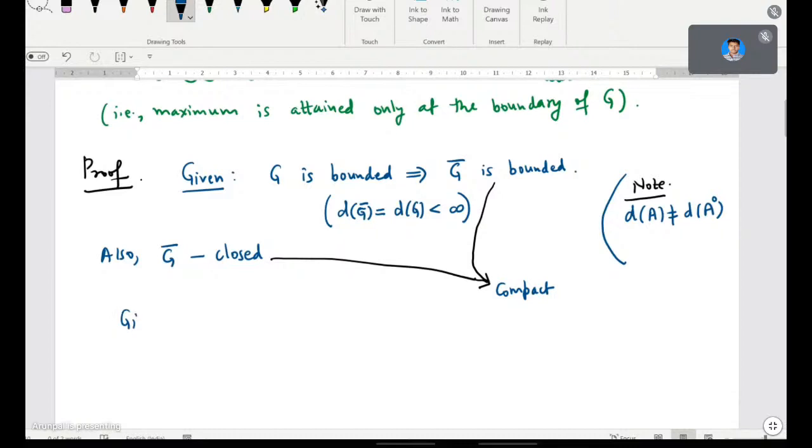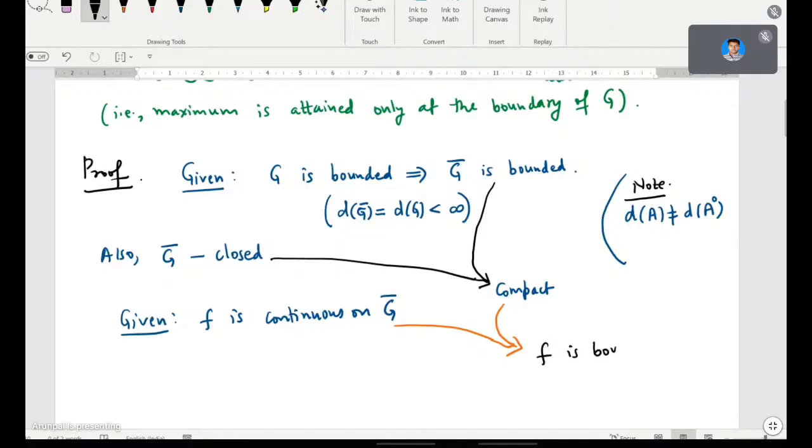Now you are given F is continuous on G bar. Because F is continuous on G bar, and just now I have shown you that G bar is compact, combining these two facts, we get that F is bounded on G bar. We don't require uniform continuity here.